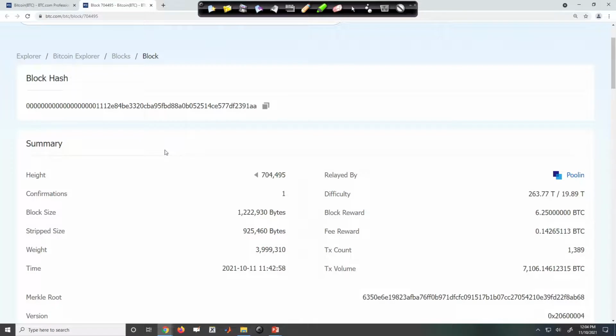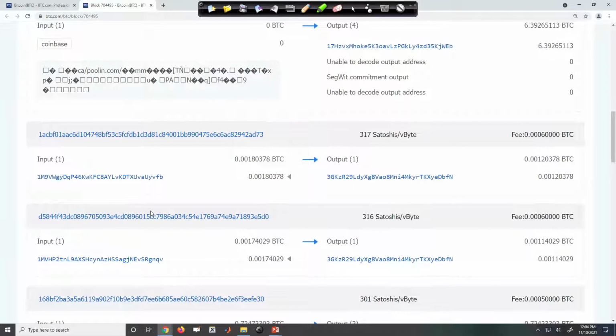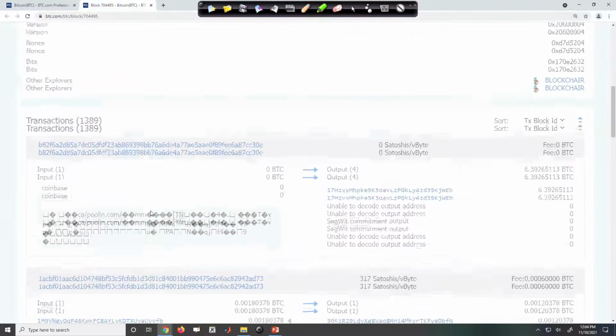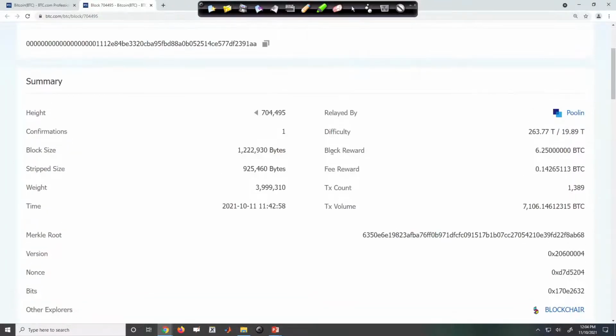I click on that, and if we see this particular block, it has this header and it has different transactions here. You can see a lot of transactions, and then also what we see here is this block reward written here. It says 6.25 BTC.